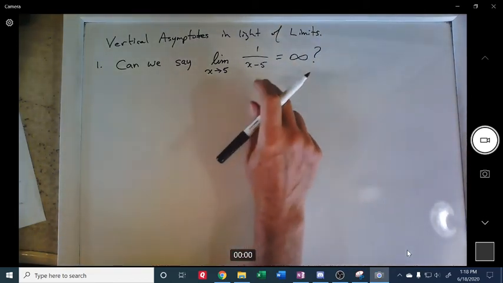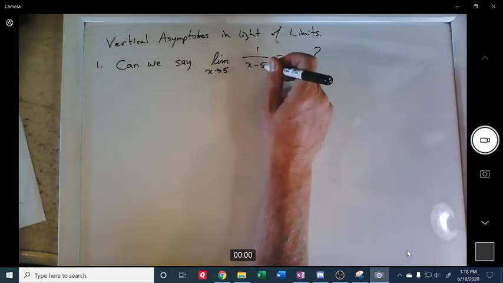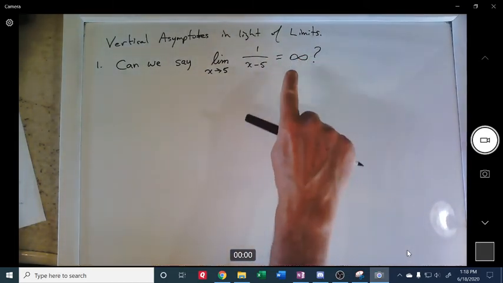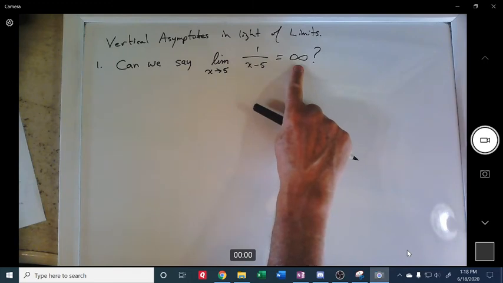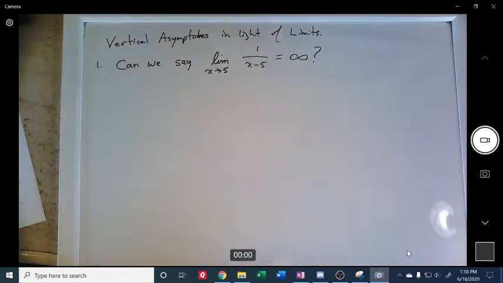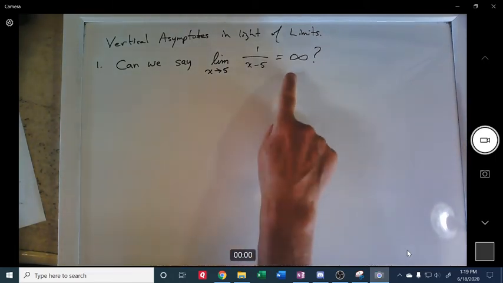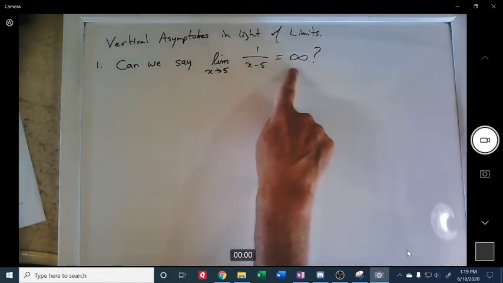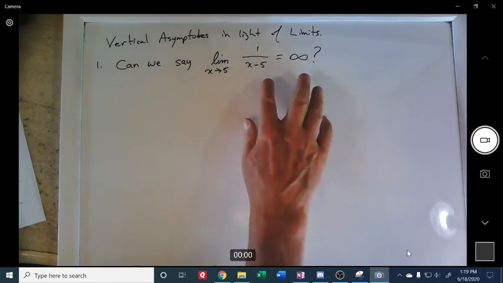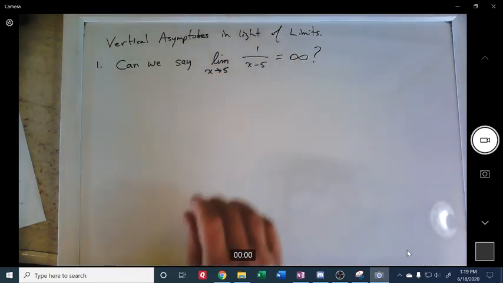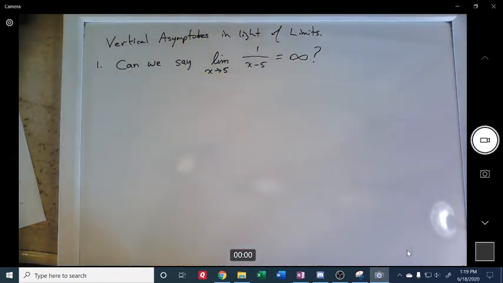So, is this a reasonable thing to say, to use infinity in this way? I'm going to have you discuss this in your groups, and I'll ask a group in just a minute if you think the answer is yes or no and why that is the case. All right, so let me give you a minute.